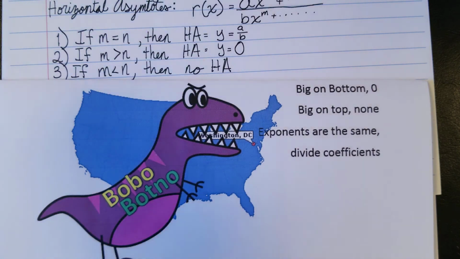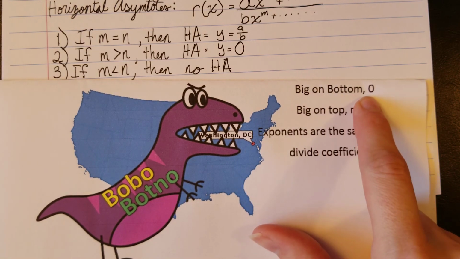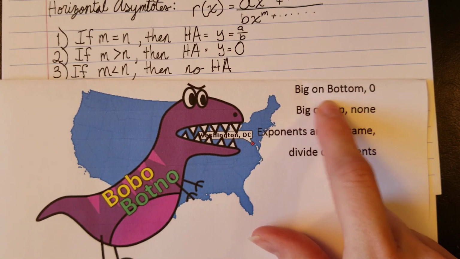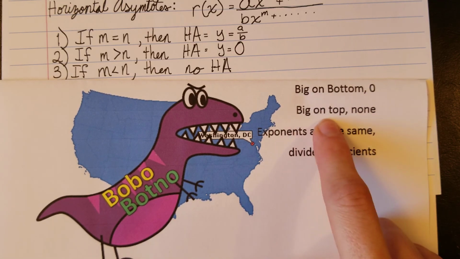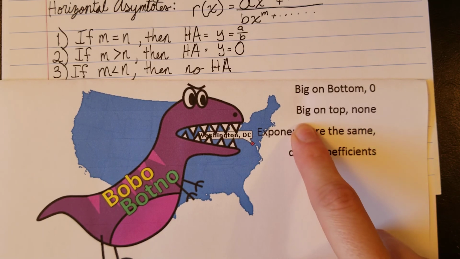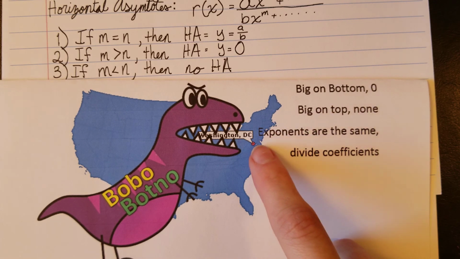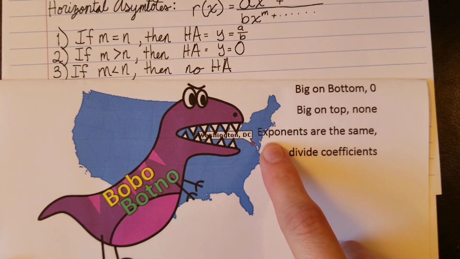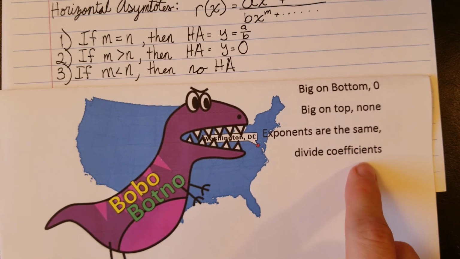Bobo stands for big on bottom, 0. So if the bigger exponent is on the bottom, the horizontal asymptote is 0. Botno stands for big on top, none. So if the bigger exponent is on top, then there's no horizontal asymptote. And eats DC stands for exponents are the same, divide coefficients.